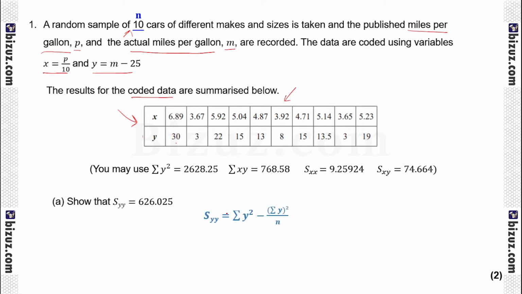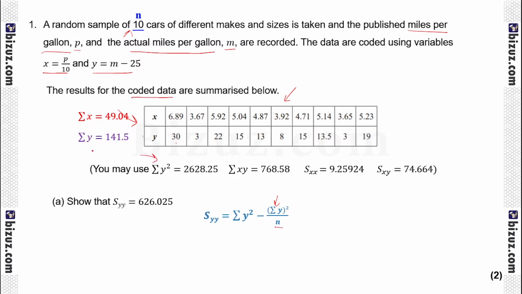So here, as we can see, the formula for S_yy is equal to the sum of y squared, if you square every value of y and then you take your sum, minus from that you subtract the square of the sum of y, divided by n. All right. So this is the formula, and here I've just found a couple of values for, and these are not given here. That's why we have to find them manually here.